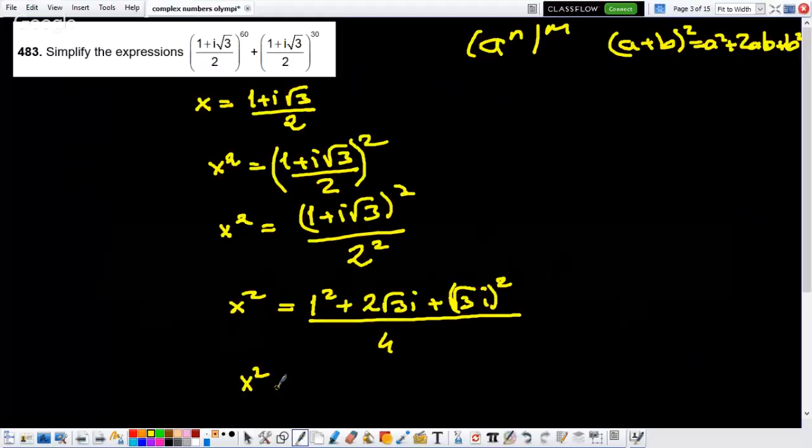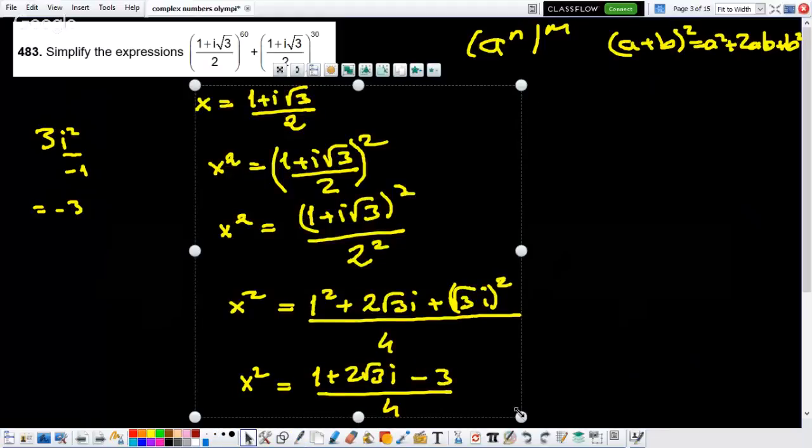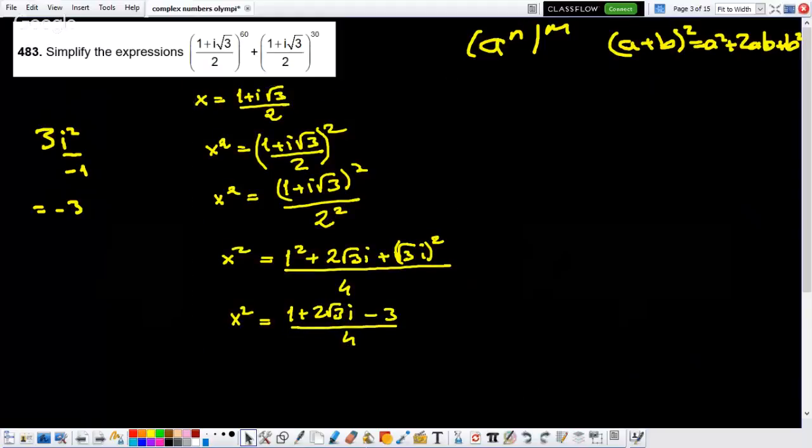And x square is going to be equal to 1 square, 1, plus 2 root 3 i, and the last one is going to be (root 3 i) square. Let me show: i square is equal to minus 1. That's why it's going to be equal to minus 3. So this is minus 3, all over 4.